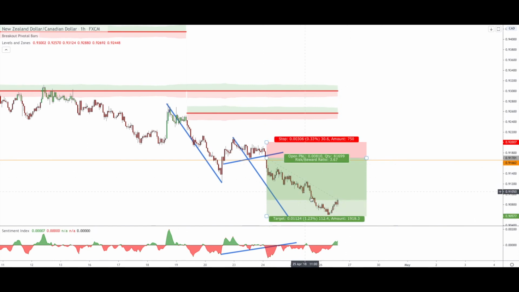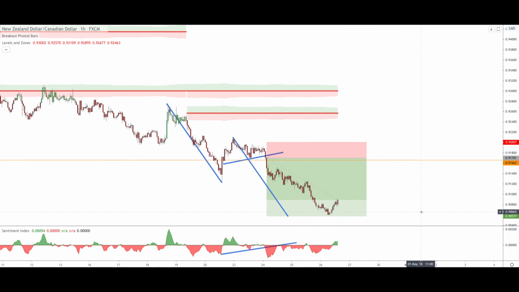The drop was kind of gentle, not very impulsive, so it might take some more time if this is the kind of price action going on, but we should still reach the target. I don't see any evidence that contradicts this analysis.